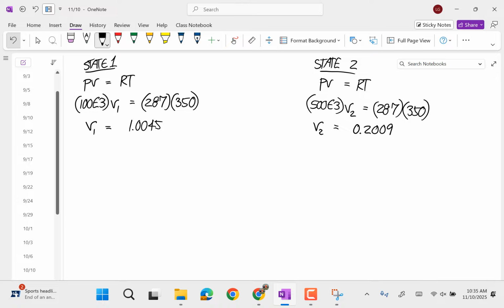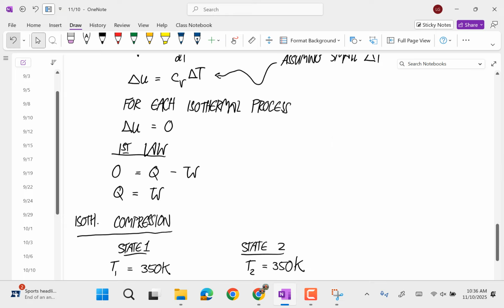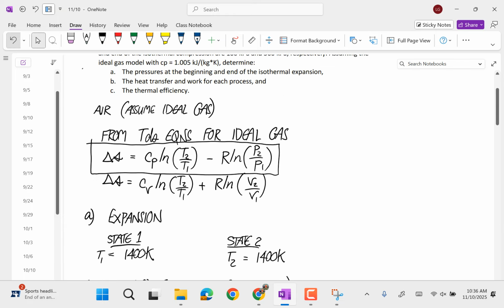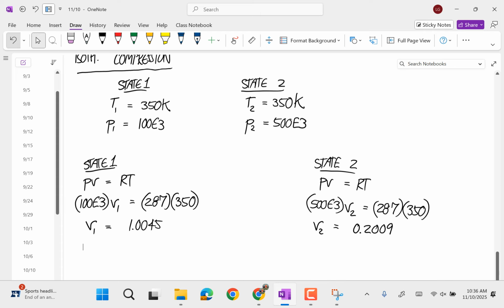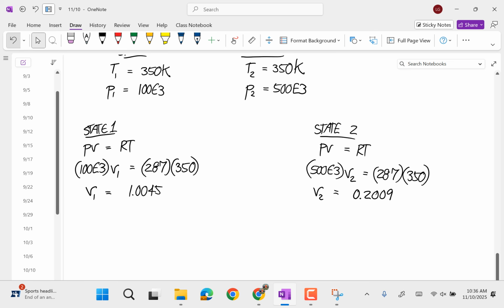What's the mass? I don't think we're given the mass, are we? But we could put mass in there as part of the answer. So let's see what we got.